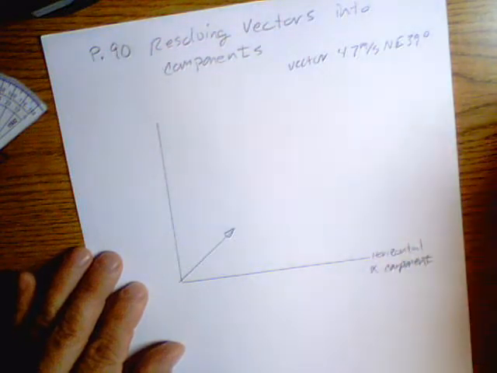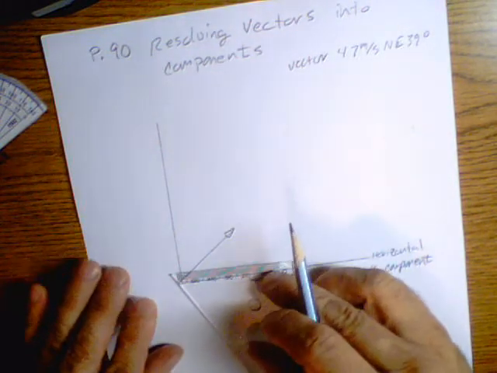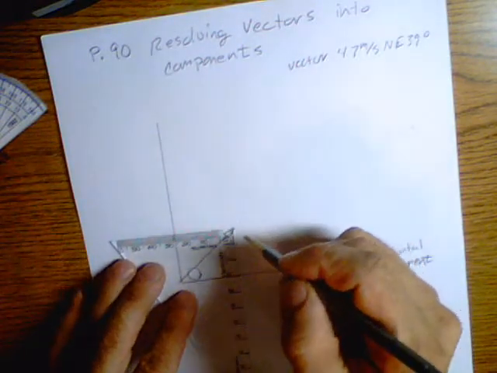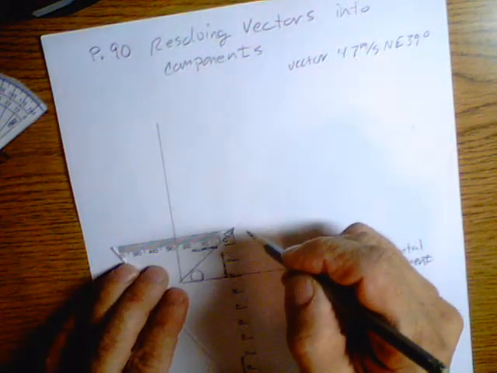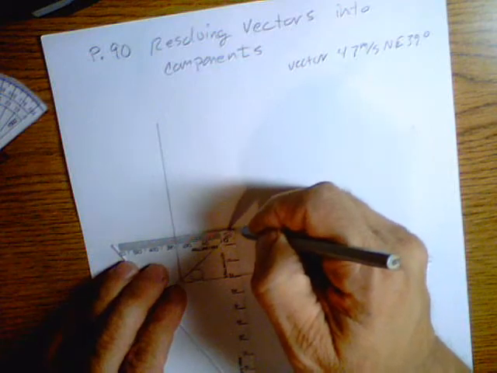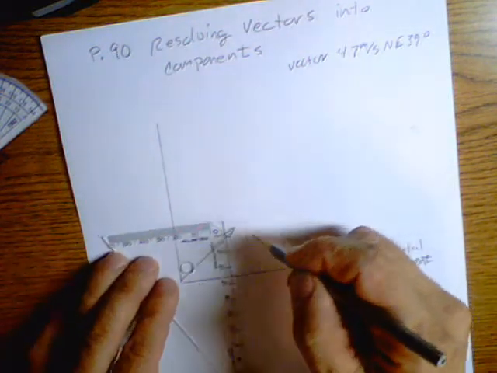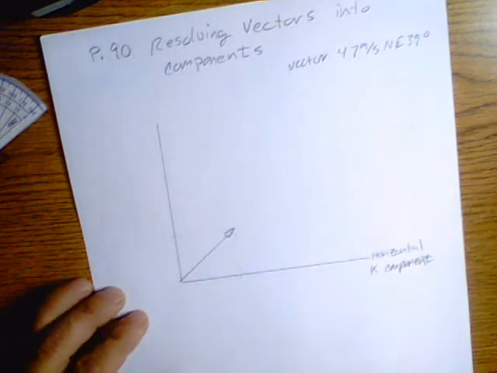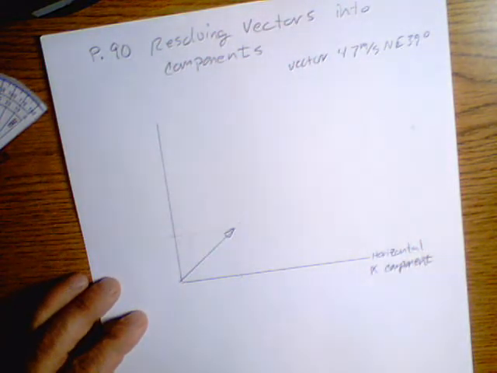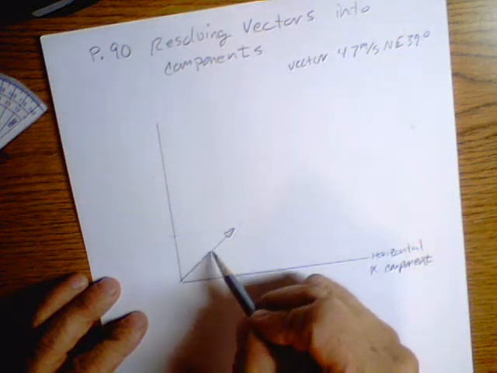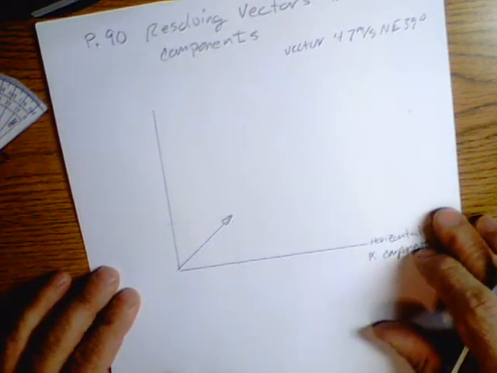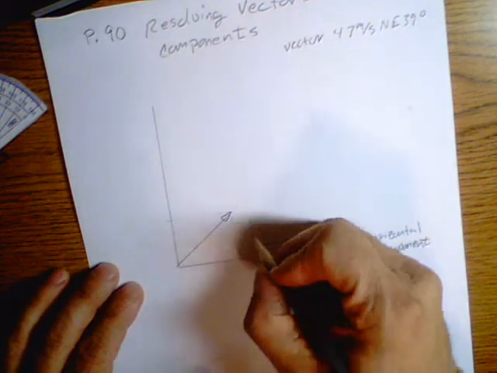And how we would do this is we really just want that part of the vector that we see along the y and along the x. So we've just made a couple of triangles. We use our trigonometry skills in order to find these components.